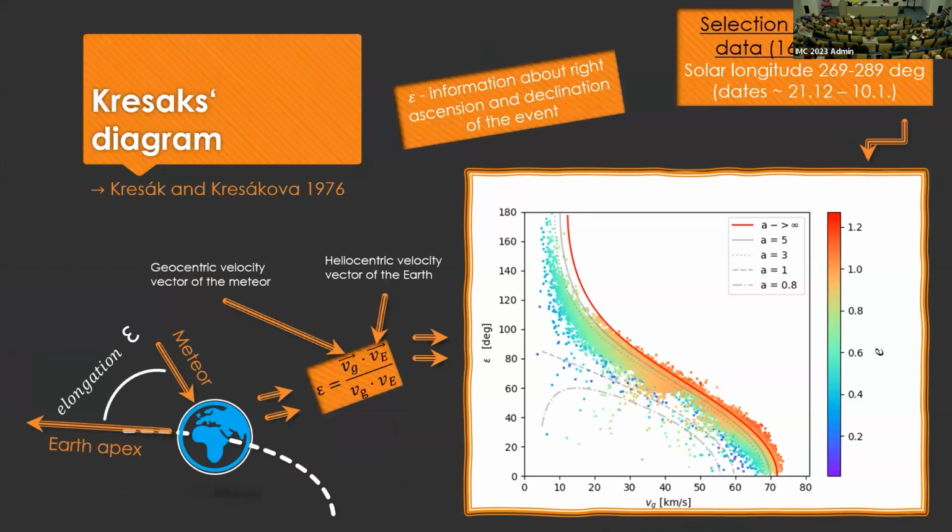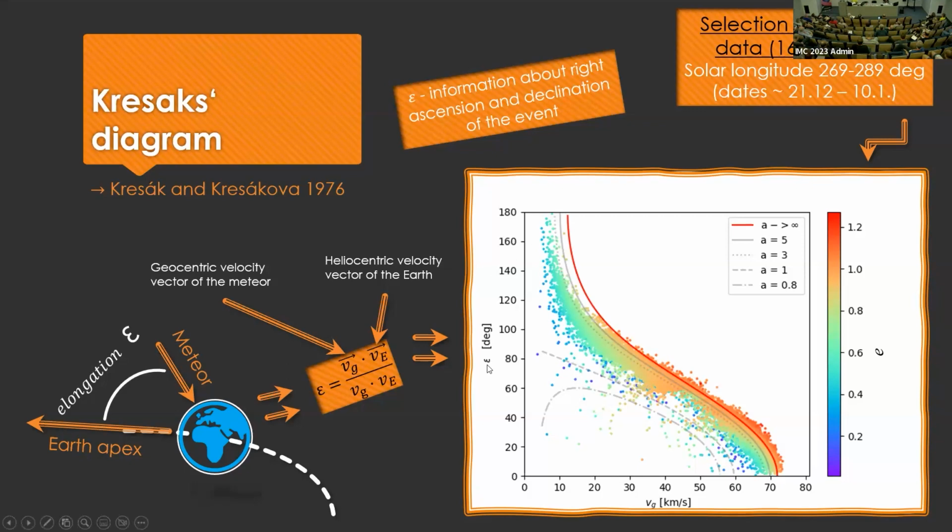Now let's look at the Kresak diagram, because it's a very useful way to visualize the whole database. We are visualizing the geocentric velocity of the meteors and the elongation angle, which you can calculate from the geocentric velocity vector of the meteor and the heliocentric velocity of the Earth.